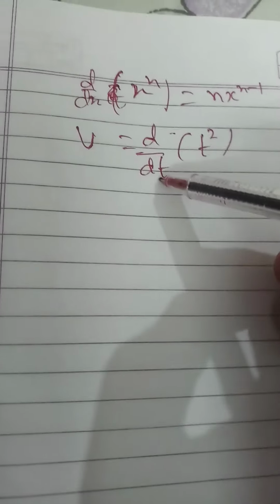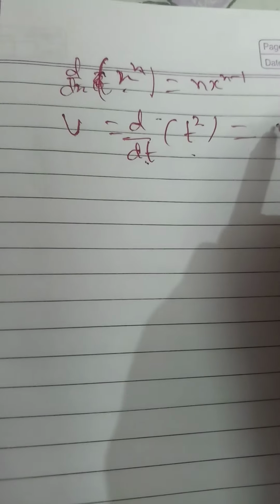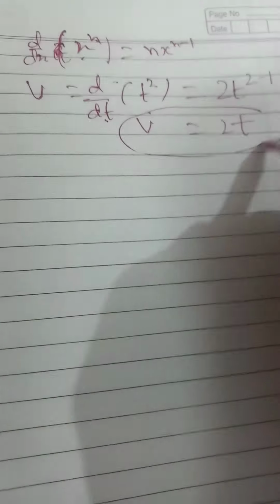In place of d by dx, I have used d by dt, and in place of x to the power n, here is t square. So using the basic formula, it becomes 2 times t to the power 2 minus 1. My answer will be 2t. So this is my velocity, which is equal to 2t.